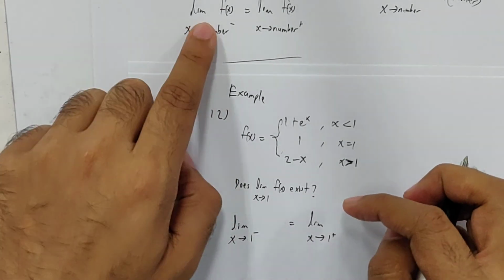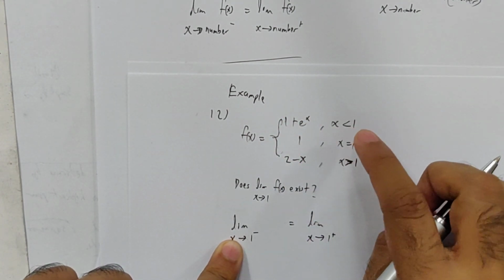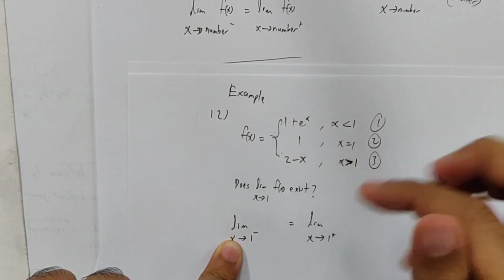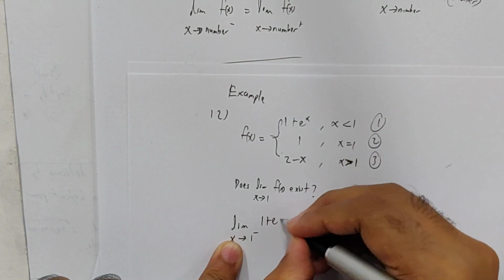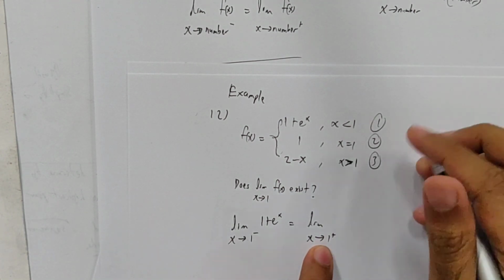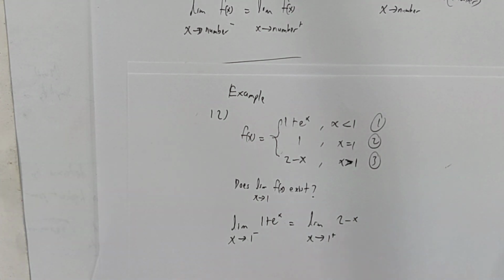If 1 from the left, which equation should I take? First, because left is less. Right is more, third, 2 minus x.